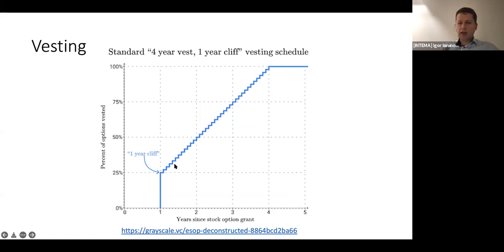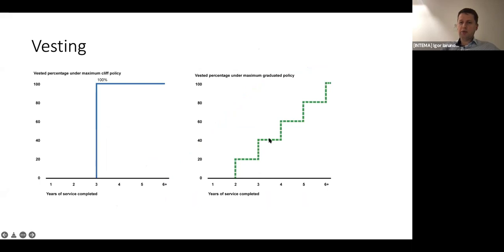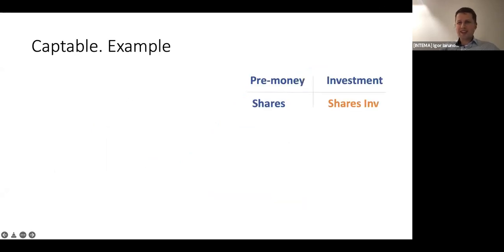And then step by step, every month or every year, you can vest him the proportional share of the stocks he must receive. So here are the steps you can see. And here is 3 years of vesting. So your CEO receives nothing, but then when 3 years come, he takes 100% of his shares and goes away. Okay, so let's go through the example.